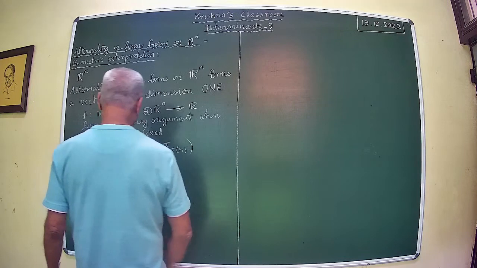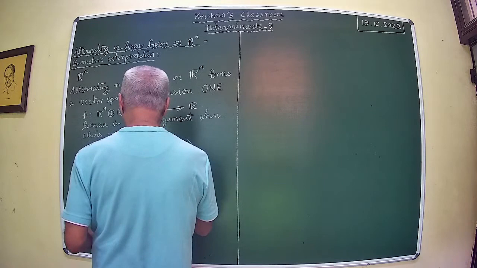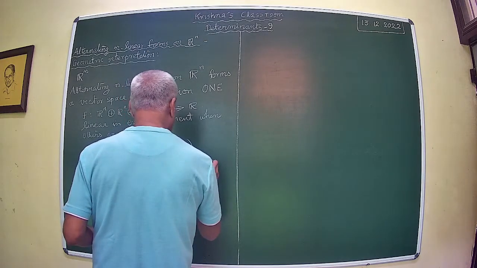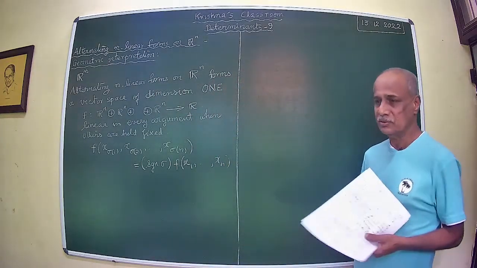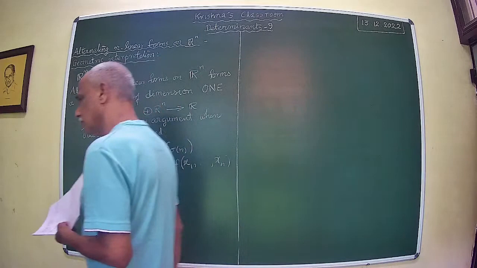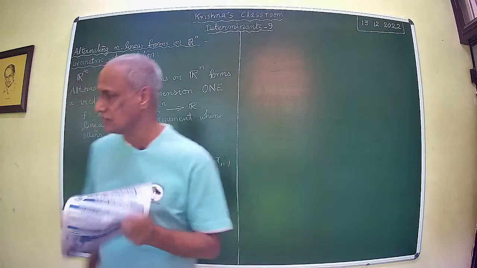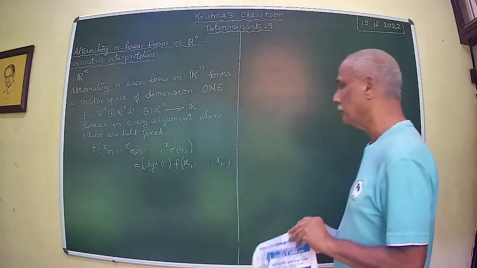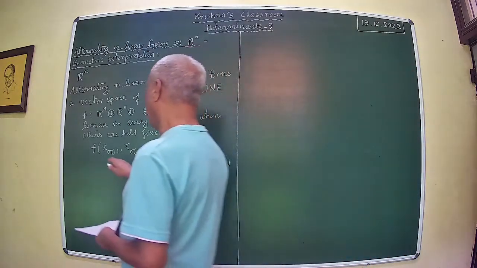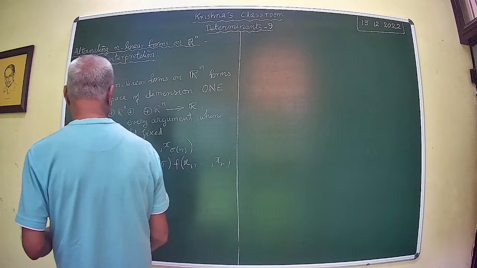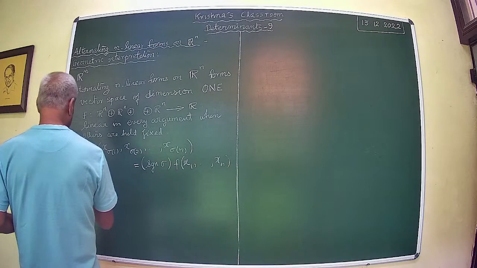Sigma is a permutation on n symbols. F of x1 to xn times the sign of sigma, it could be either +1 or -1. So this is the property of an alternating n-linear form.